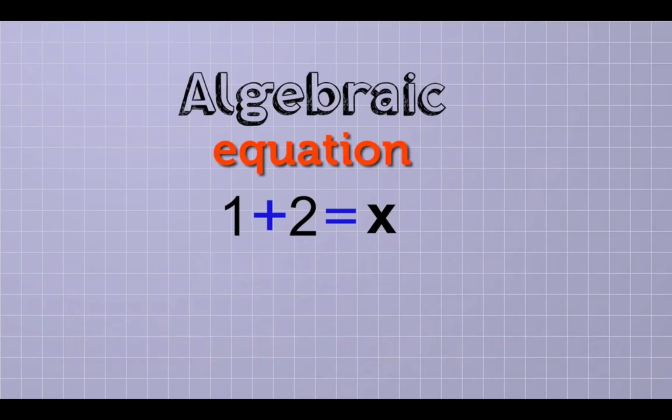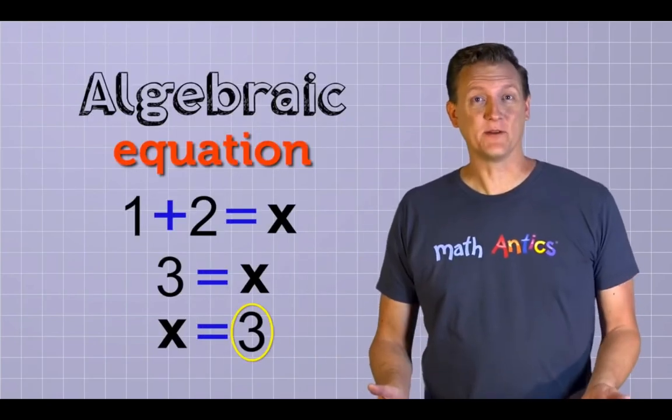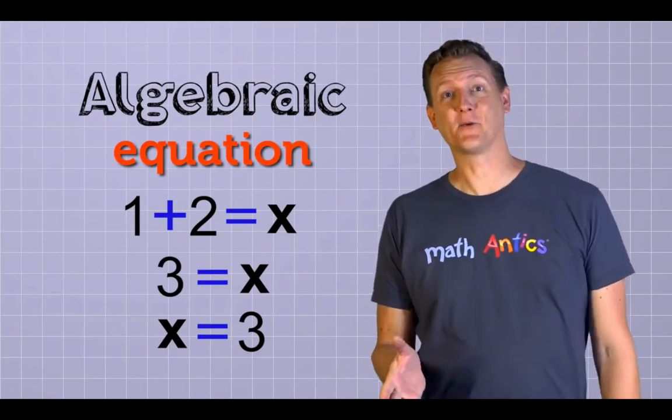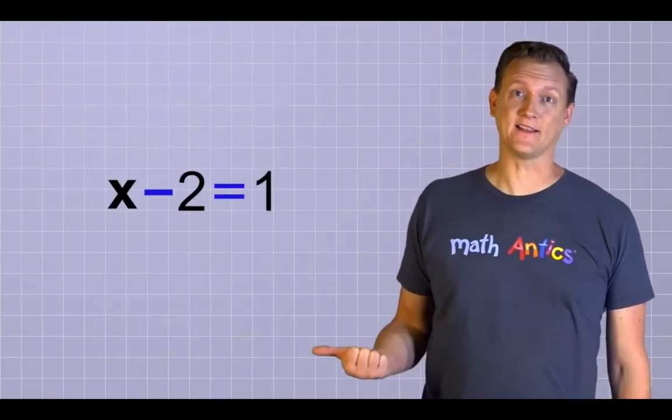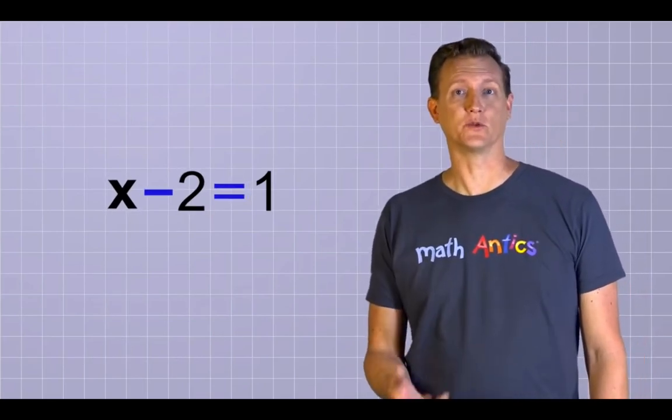In this equation, it's pretty easy to see that the unknown value is just 3. All you have to do is actually add the 1 and 2 together on this side of the equation, and it turns into 3 equals x, which is the same as x equals 3. So now we know what x is. It's just 3. That almost seems too easy, doesn't it? And that's why in algebra, you're usually given an equation in a more complicated form, like this: x minus 2 equals 1.